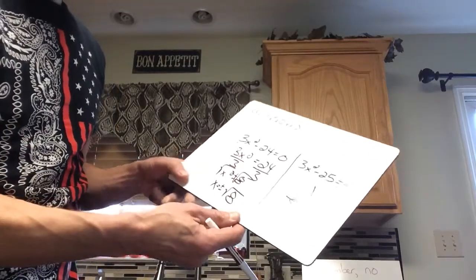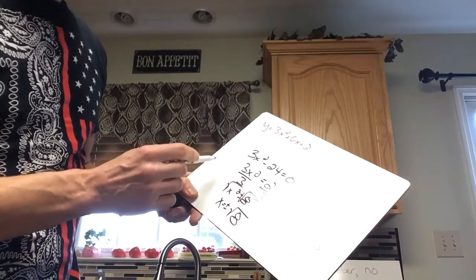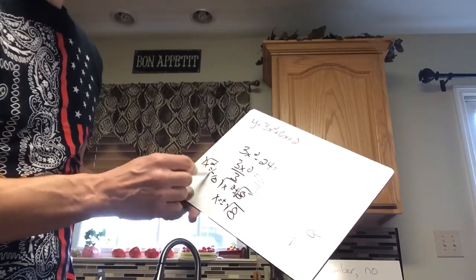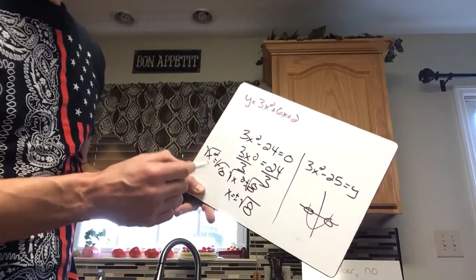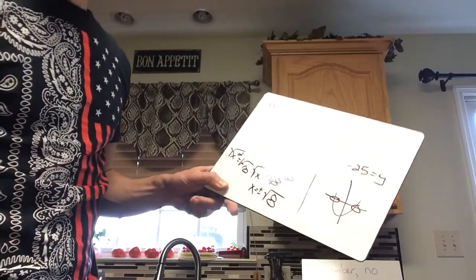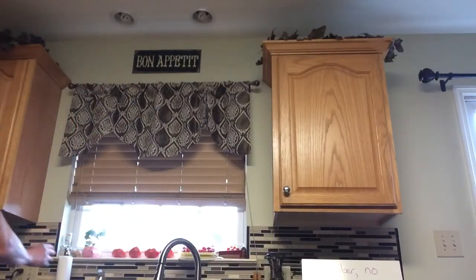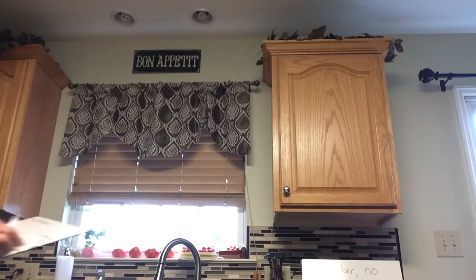And remember, when we're solving quadratics this way, if you end up with x squared equals negative 10, we can't take the square root of a negative number, so you would say there's no solution. And lastly, we talked about our vertical motion model.